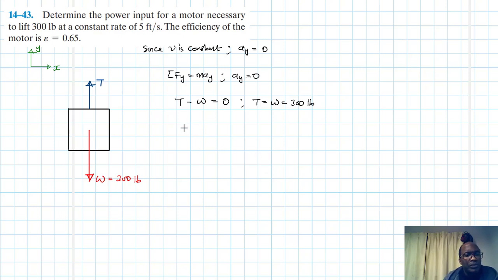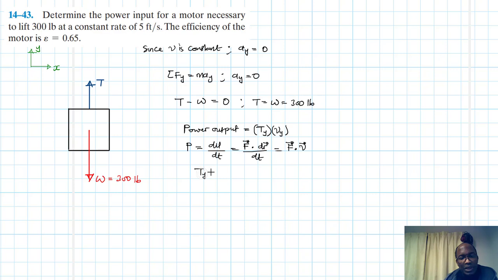So our power output is just going to be equal to the force, which in our case is T_y, times v_y, because power is the rate of doing work, which is the force dot dr with respect to time, and this is just equal to force dot v.